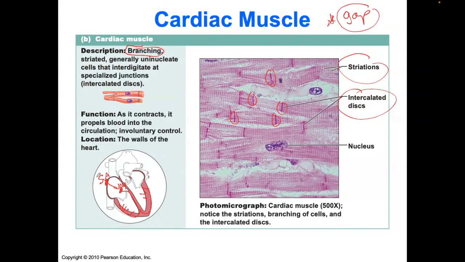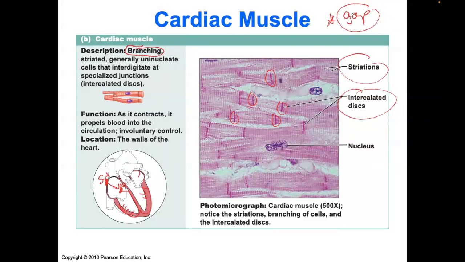But what's unique about this, you'll learn this in A&P 2, is that both upper chambers, the atria, have to contract in harmony, and then both ventricles have to contract in harmony. So how do the right and left atrium and the right and left ventricle communicate with one another in harmony so that they contract at the same time?